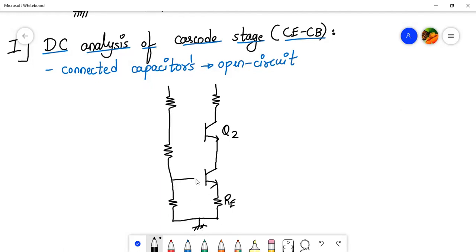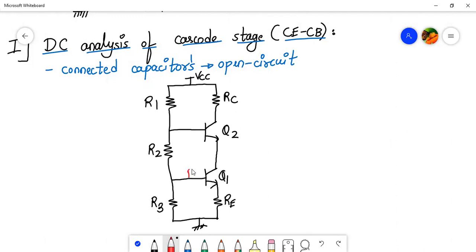Here I'll connect to the base terminal of Q1. This is the base terminal of Q2. This is Q1. And this is your supply voltage, VCC. This is R1, R2, R3, then this is RC and RE, right? So this is your DC analysis.